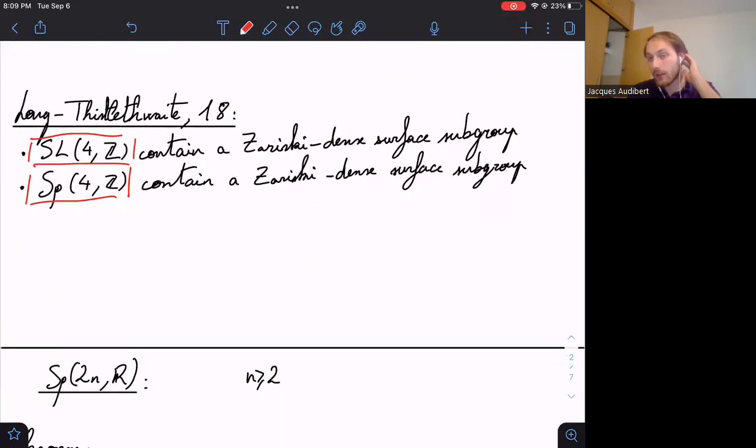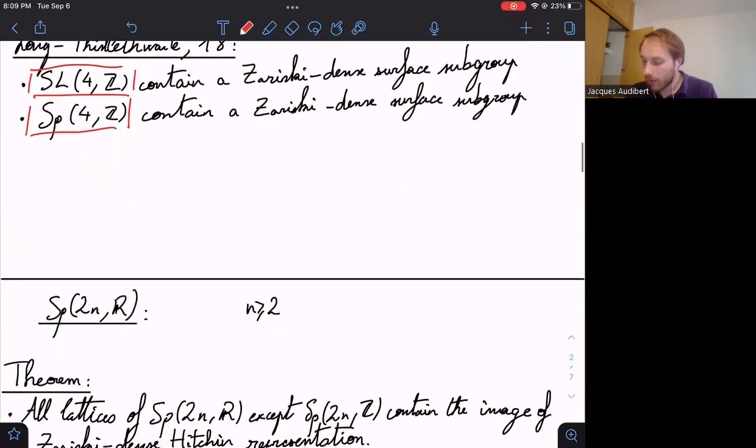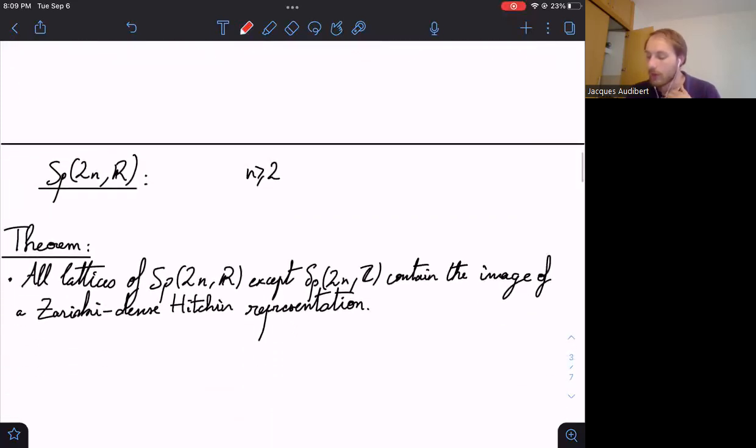Okay, so now I can describe what I've been able to prove. Let's talk about SP2NR, the matrices that preserve an anti-symmetric matrix. Those are the matrices that satisfy M transpose J M equals J, where J transpose is equal to minus J, so J is anti-symmetric.